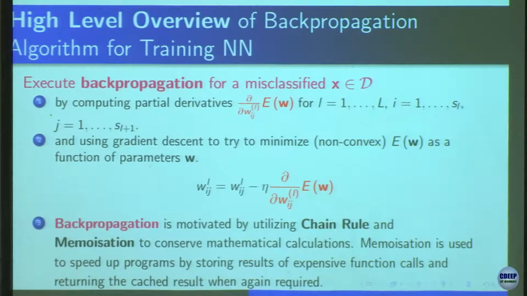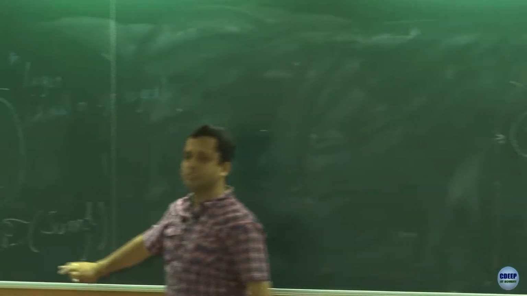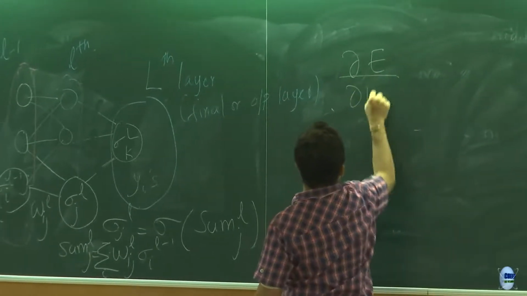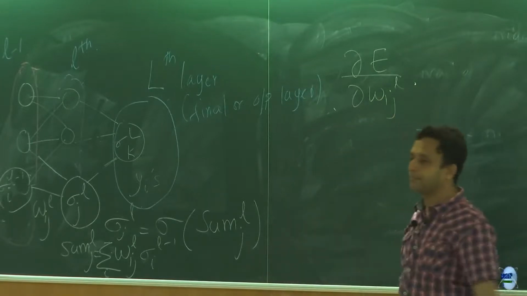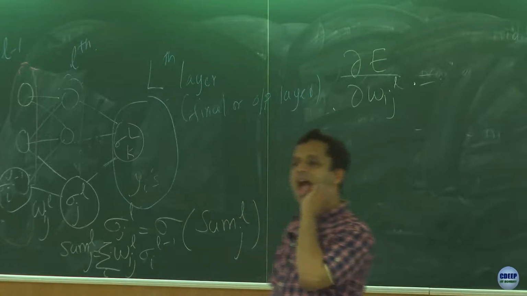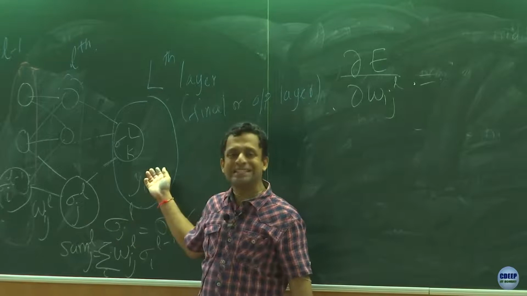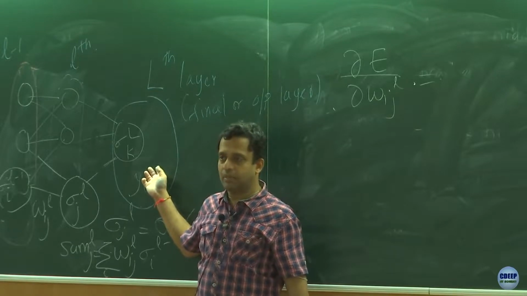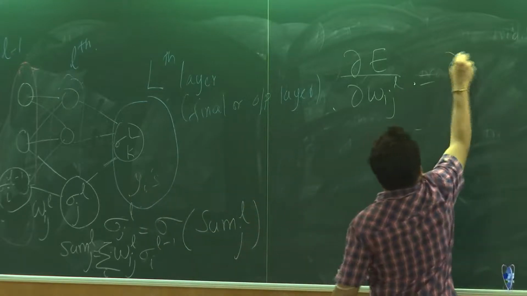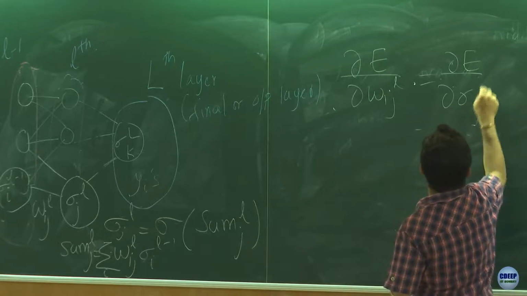Okay, let's write down the steps for this backpropagation. It starts with this. I want the partial derivative of error with respect to any Wij. How do I unfold this? My Wij is always visible only through the sigma at the lth layer. So this is where I'll begin: the partial derivative of E with respect to sigma j at the lth layer.